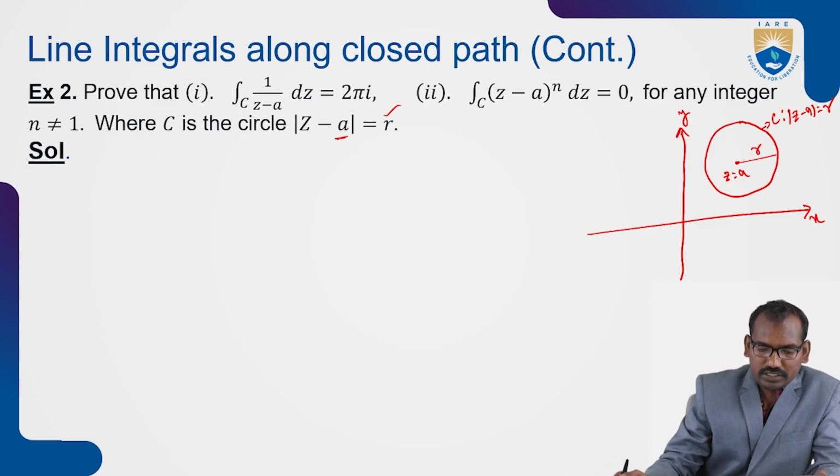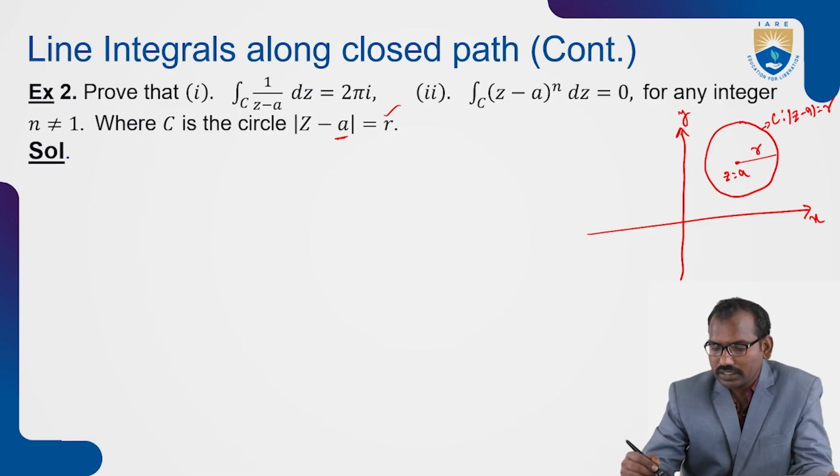So I will write this problem. Whenever we have the integration along a circular path, we generally use the parametric form.